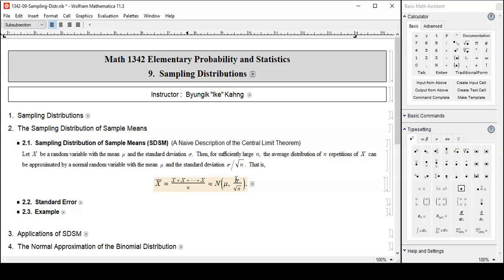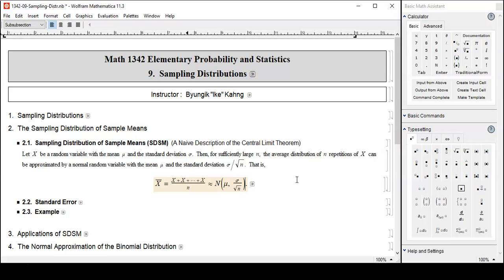Well, the new standard deviation of this sampling distribution of sample means is sigma over square root of n, that is, old standard deviation over square root of n. That's a bit too confusing. New standard deviation is old standard deviation over square root of n.